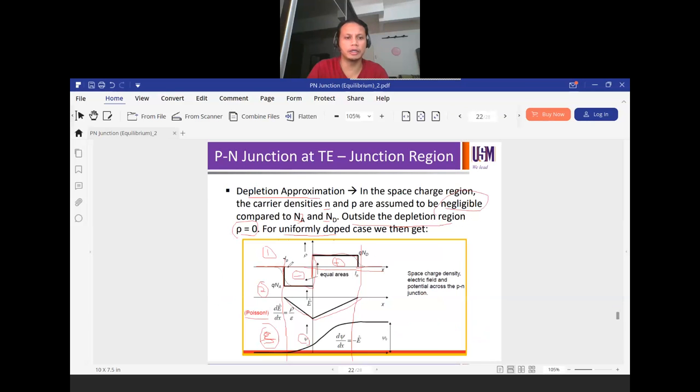Oh yeah, you know this number? This 1, 2, 3 is just the curve number. Page 22, right? This one. So this 1, 2, 3, on the left, is just the curve number: curve number 1, curve number 2, curve number 3. Earlier I explained curve number 1 is for the charge, curve number 2 is for electric field, curve number 3 is for built-in voltage.